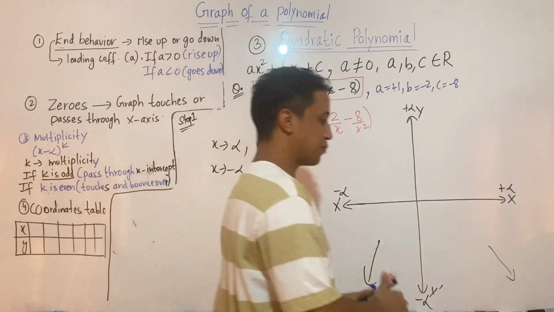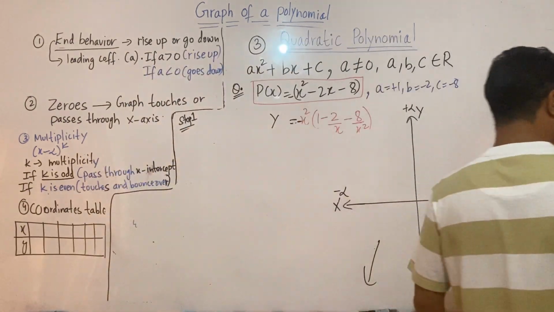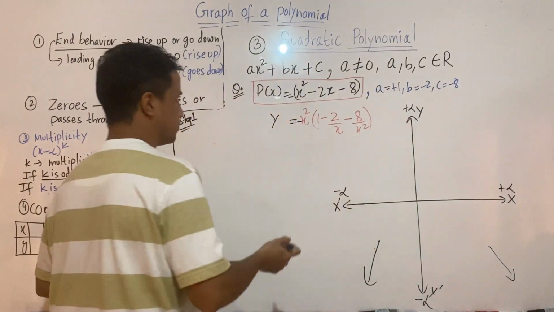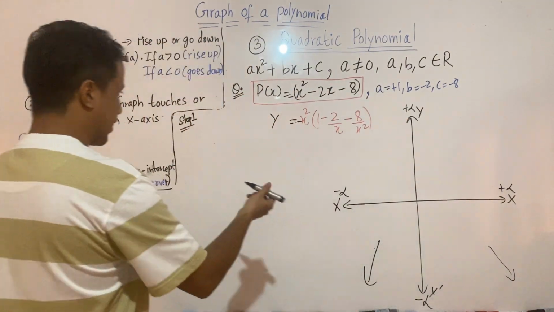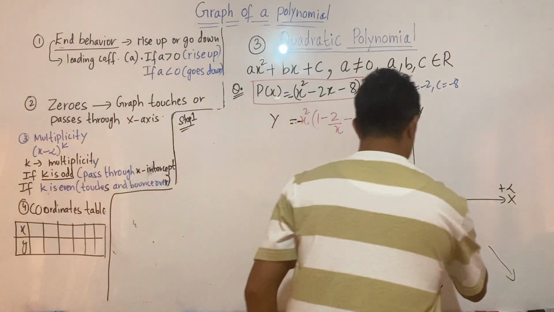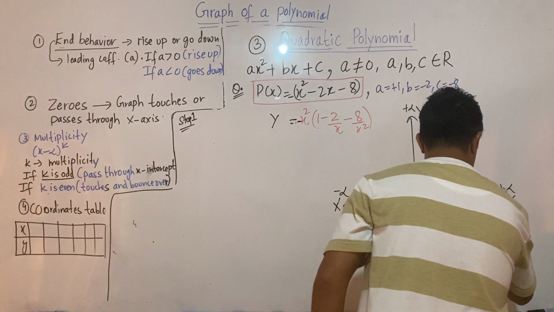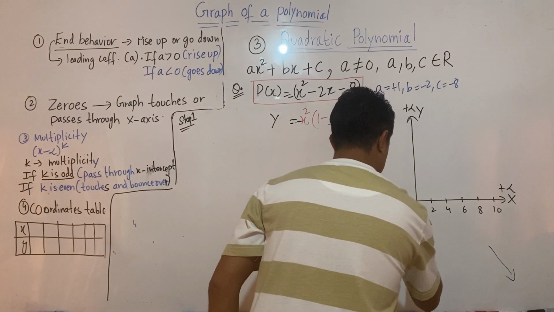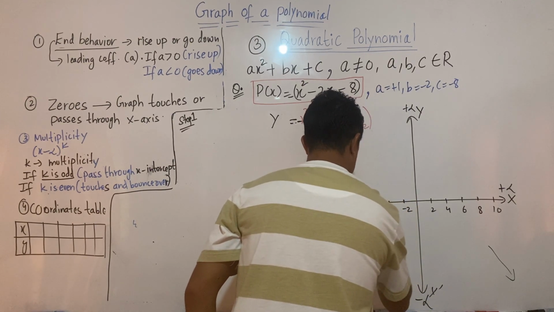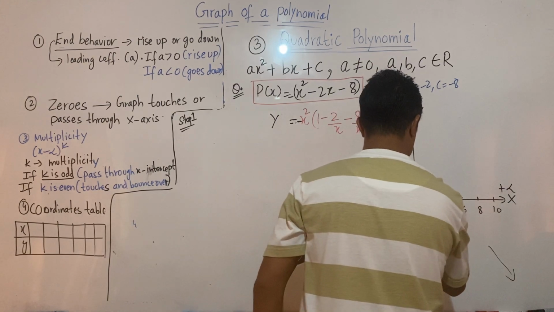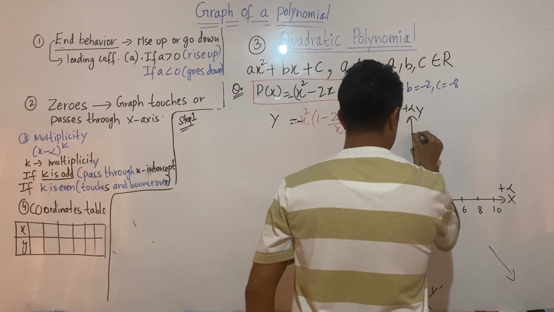We have checked it. Now we will find the zeros. Zeros are going to be the same because if we equate this to 0, we have to split the middle term. Here 2, 4, 6, 8, 10, here -2, -4, -6, -8, -10.